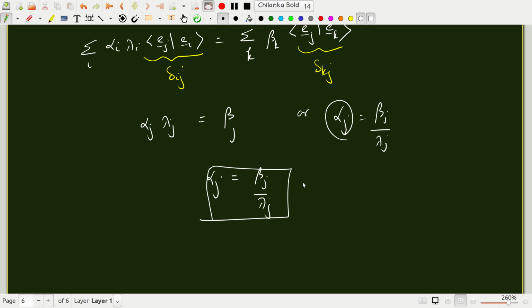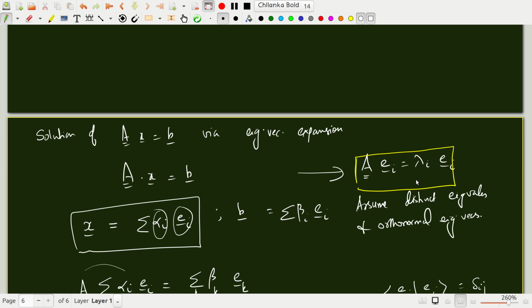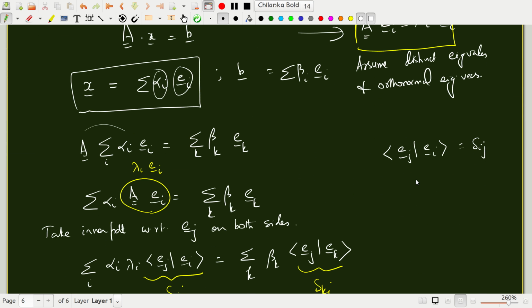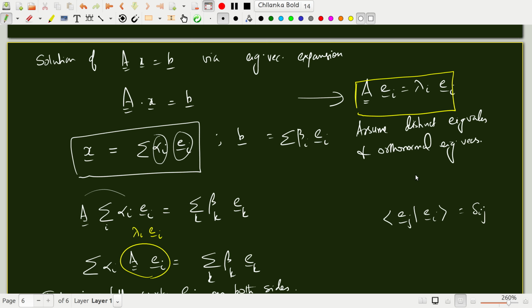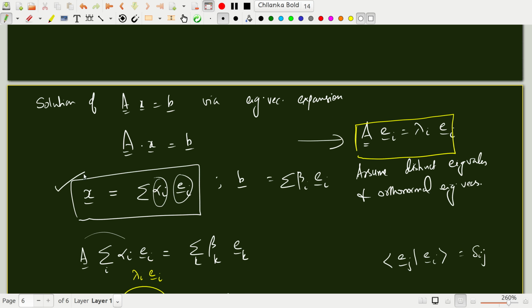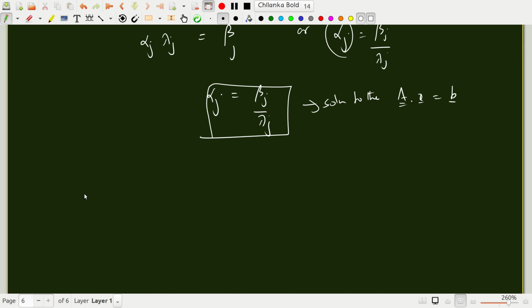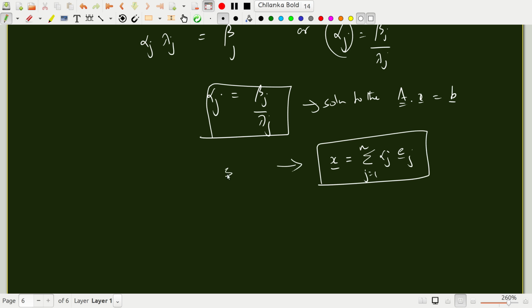This forms the solution to the system Ax equal to B. All you have to do next is simply use this expansion to reconstruct the solution. We have found the alpha j's, so x is nothing but summation alpha j times ej. This is the solution.